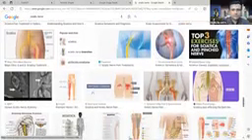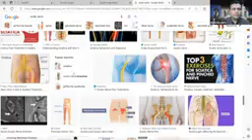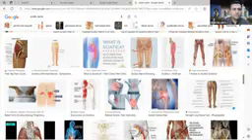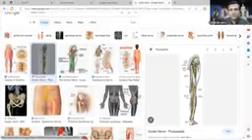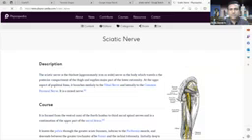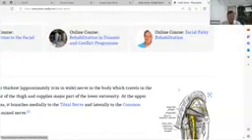Sciatica. Okay, we will see the simple diagram. We can understand through this also. This one.